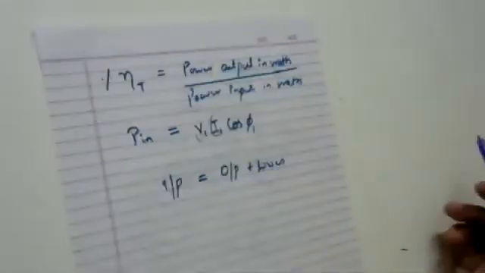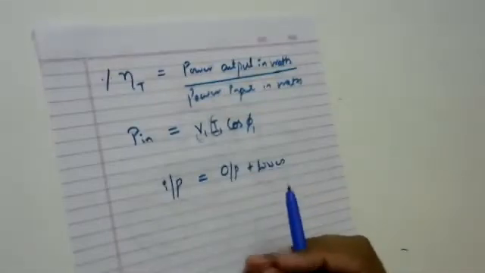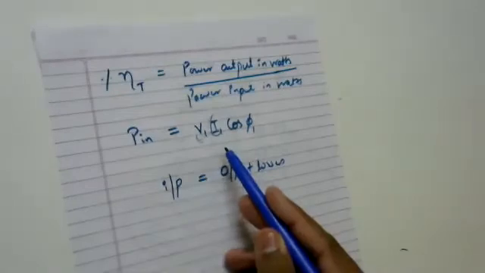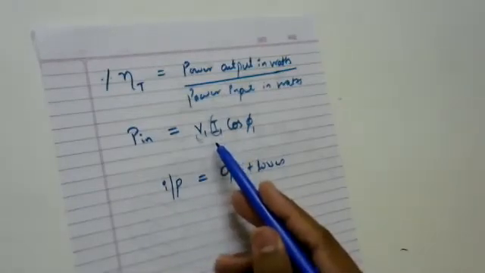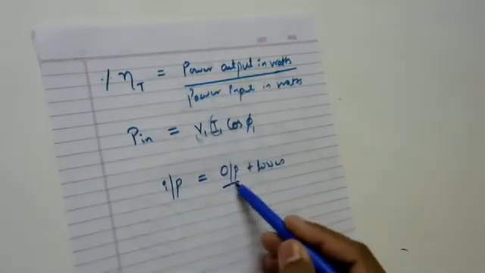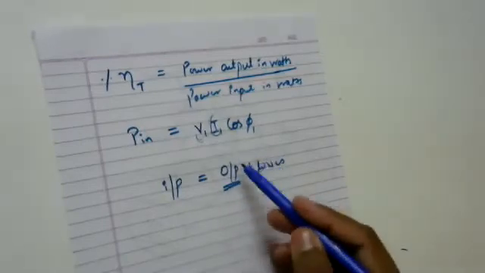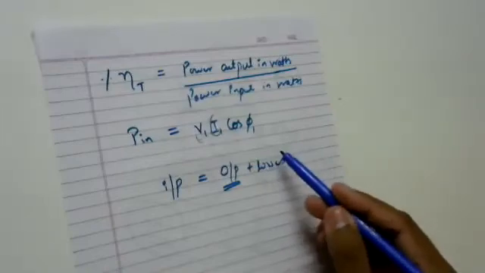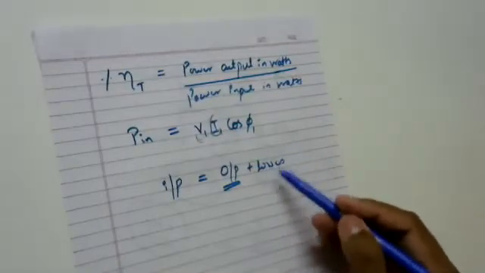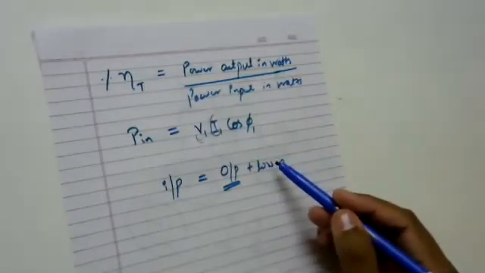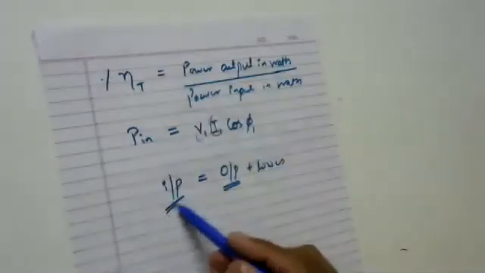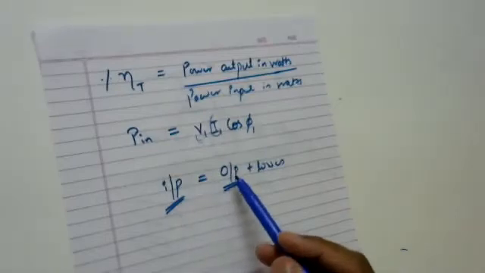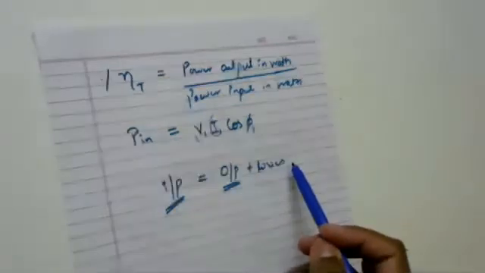I provide that amount of input to the circuit such that I can feed the output along with the losses occurring in the circuit. So I can write the equation: input is equal to output plus losses.